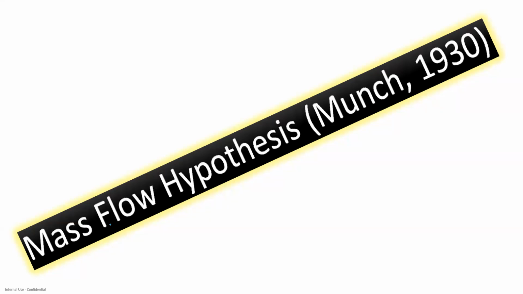The dates, don't get confused. Nobody's going to ask you about these dates, but mass flow hypothesis or Munch model, sometimes it is said 1926, sometimes it's said 1930. You don't have to break your head over this point. That's not that important. Just know the concept.